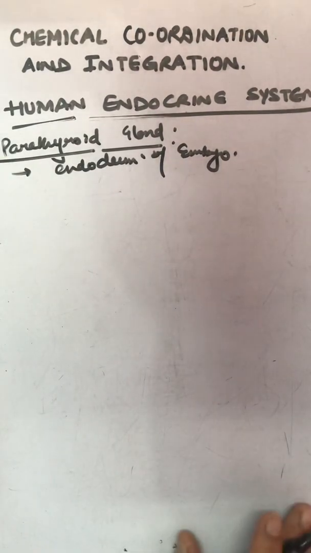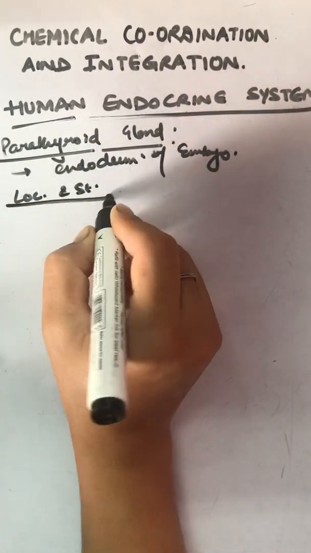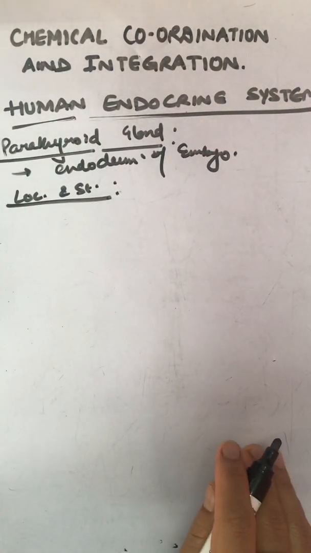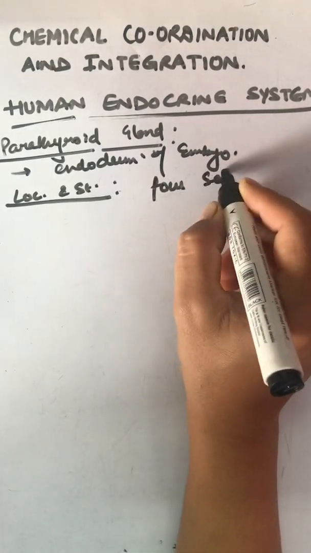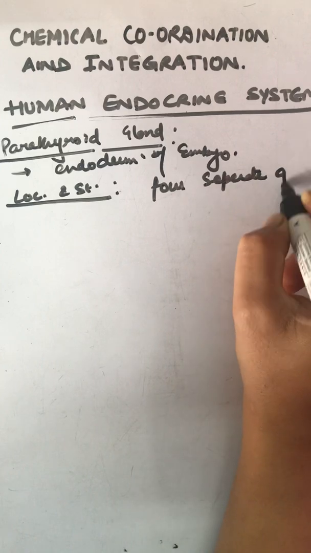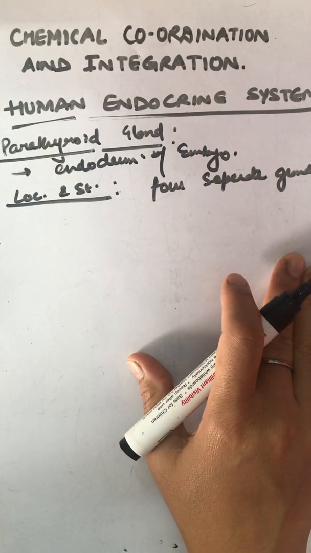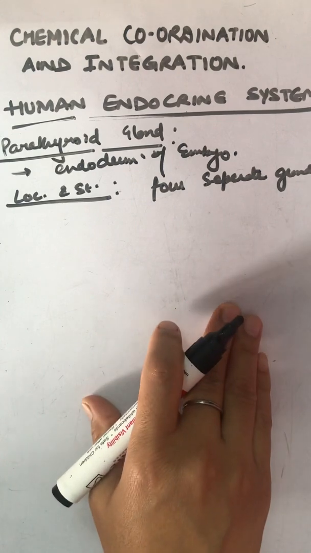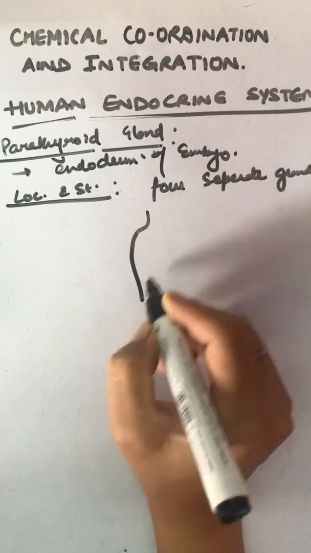Next is location and structure. When we talk about location, we say it consists of 4 separate glands which are located on the posterior surface of the lobes of the thyroid gland. See, let me discuss the position a bit.